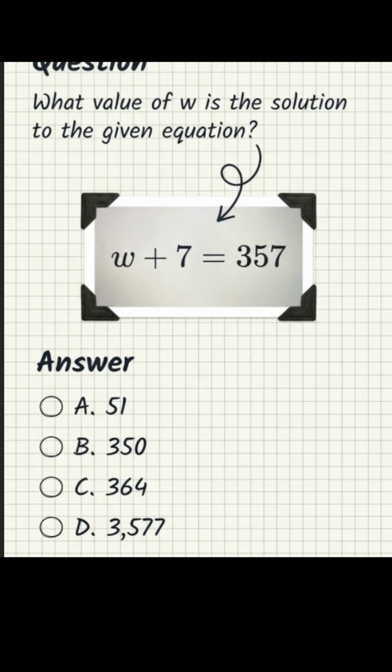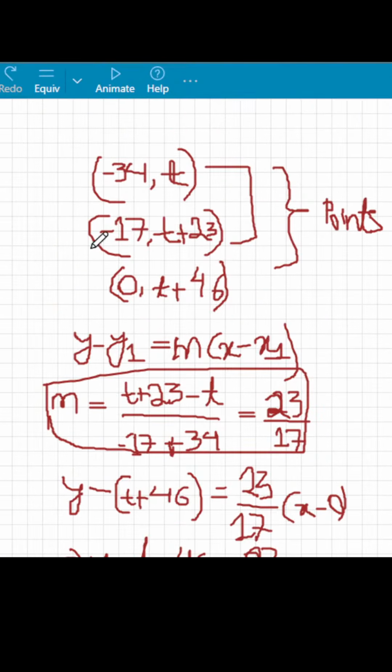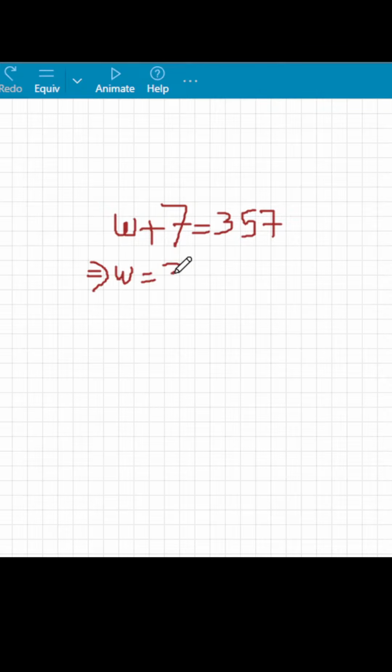Okay, now let us do the solution. So we're given the equation w plus 7 is 357. We can directly subtract 7, and then it will become w is equal to 357 minus 7, that is 350.